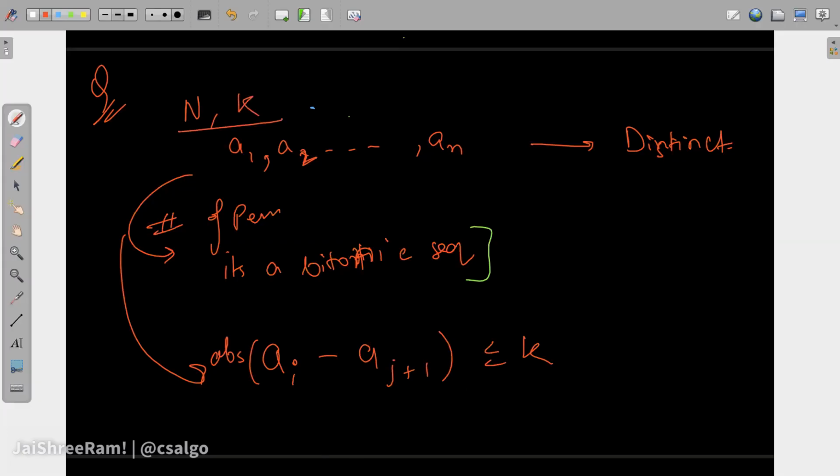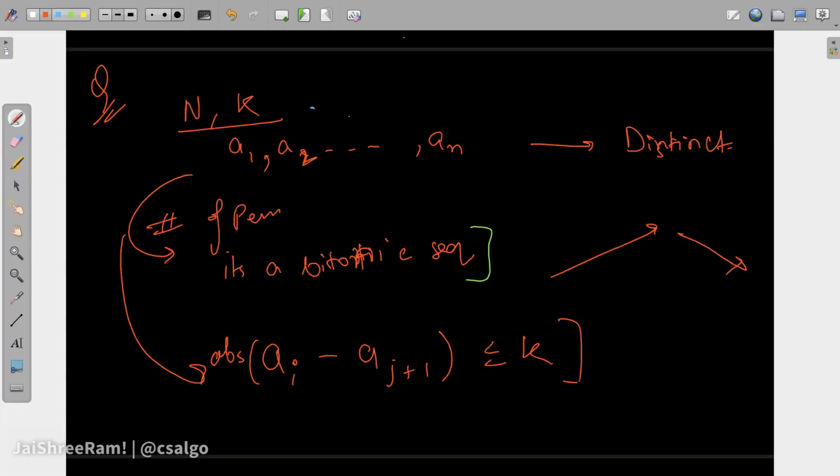You are given two inputs, n and k, an n sized array and a constant k. Find out the number of permutations of this sequence, which is all distinct, such that first of all it's bitonic, that means it's first increasing and then decreasing, and secondly the consecutive difference between the elements is less than or equal to k. Find out the number of such permutations.